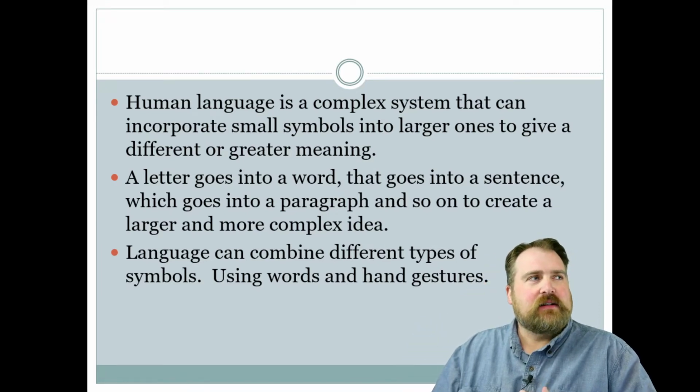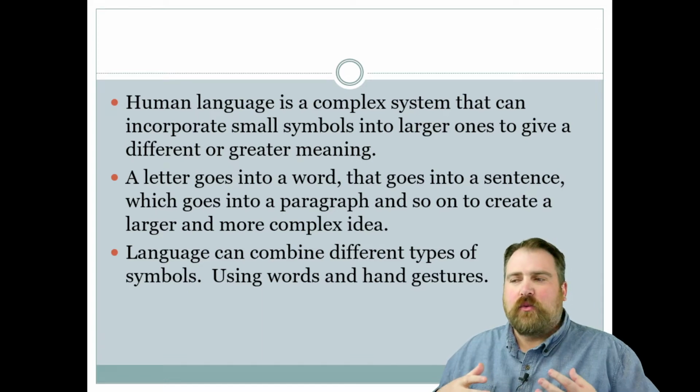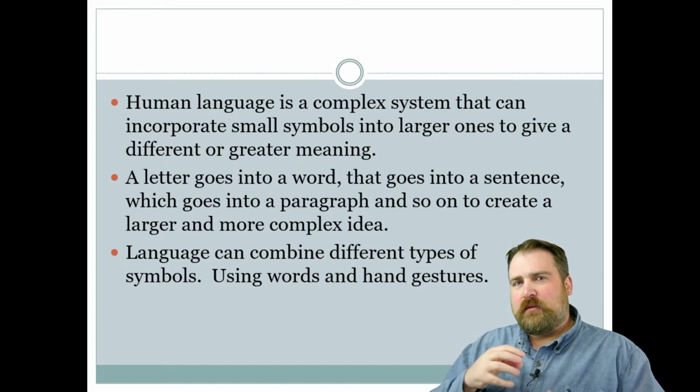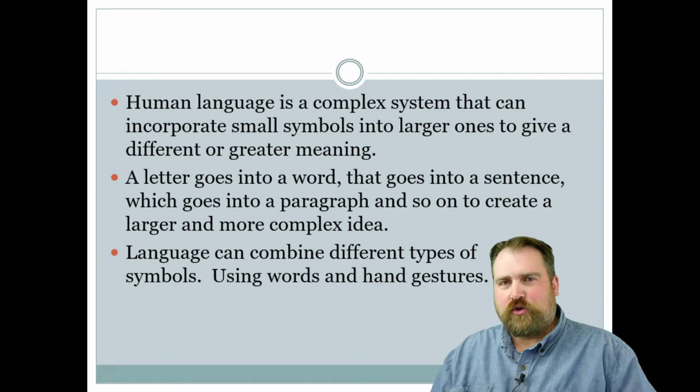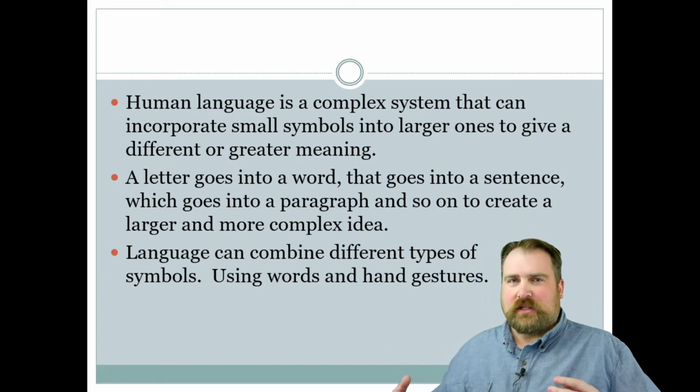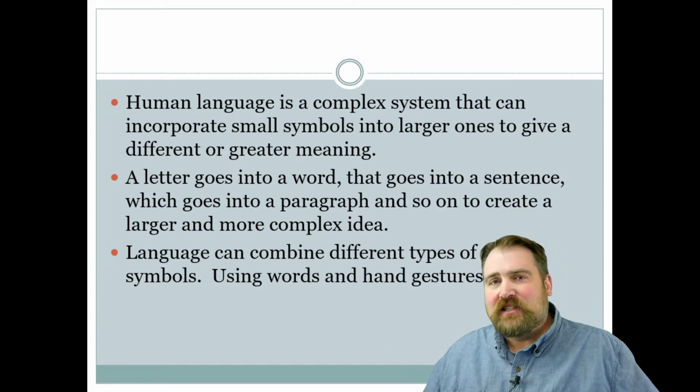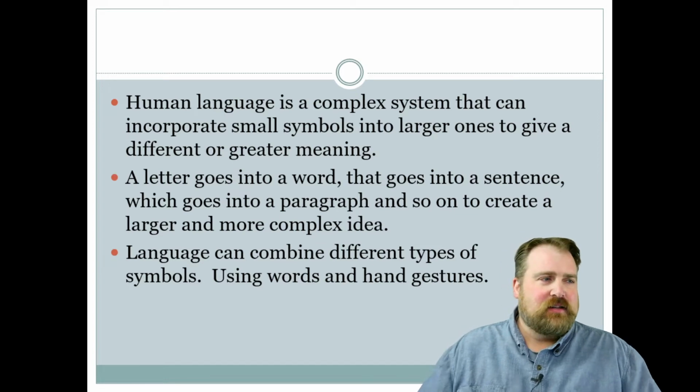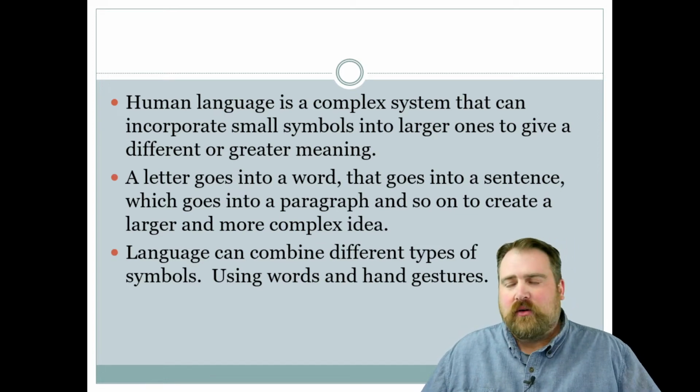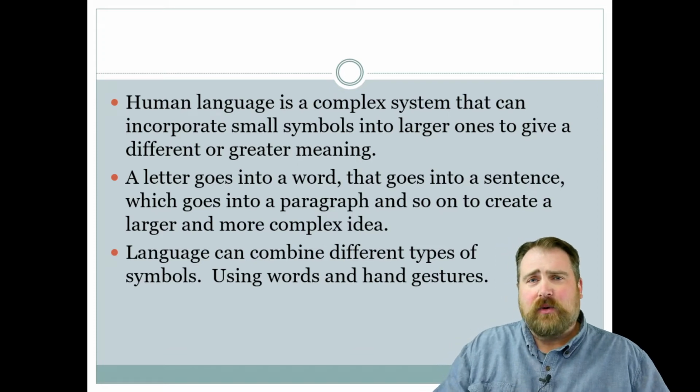Language is often put together in a way that we take small symbols and combine them into larger ones, into larger ones, until they become complex ideas. In this case, we have a letter that has a specific sound associated with it.